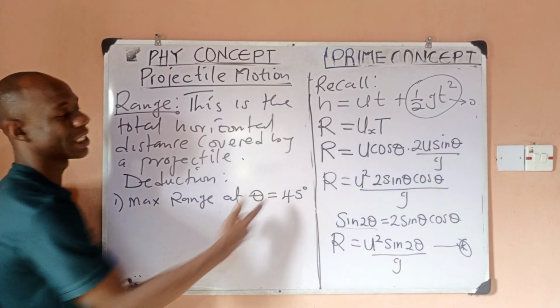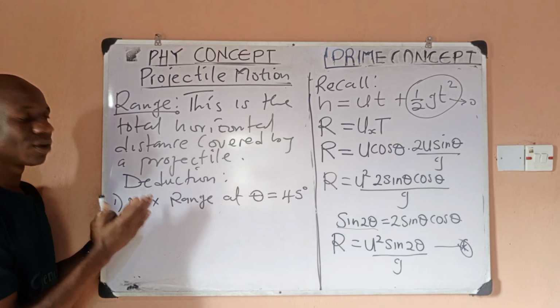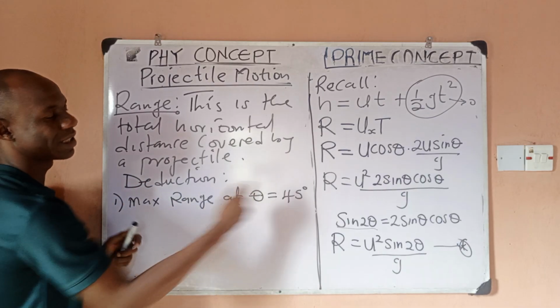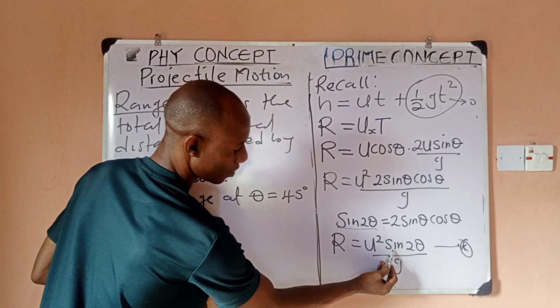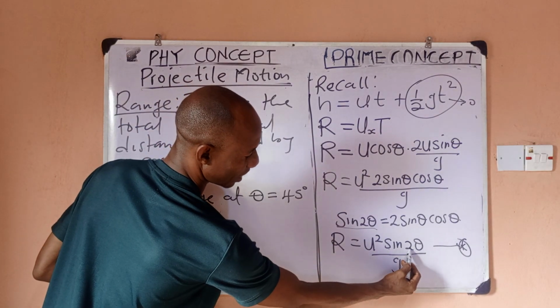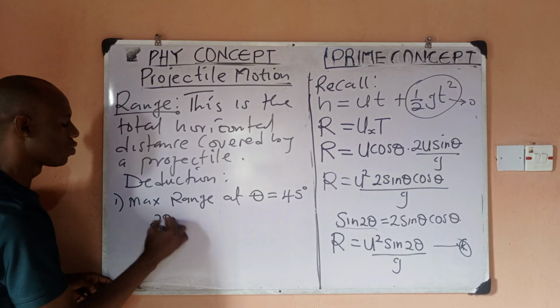Exam can decide to twist this idea you already know. So they don't want to give you directly, say theta is 45. You should know that when theta is 45, you come to this formula. You see that what you have here is 2 theta. If theta is 45, it means that 2 theta is going to be 90 degrees.